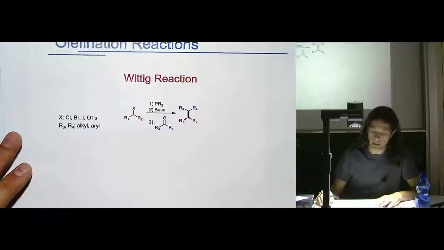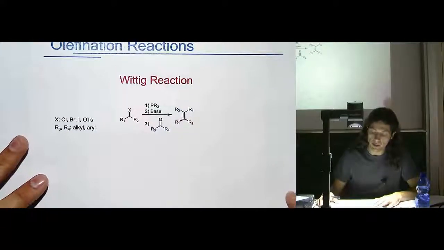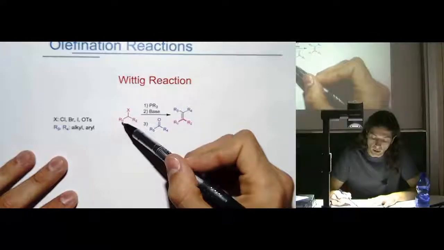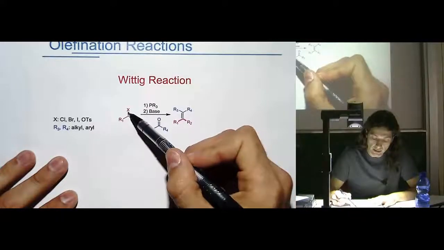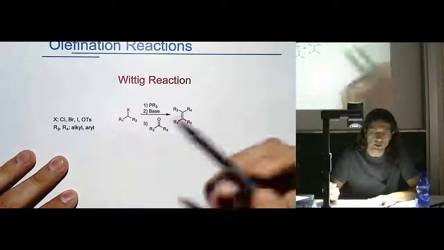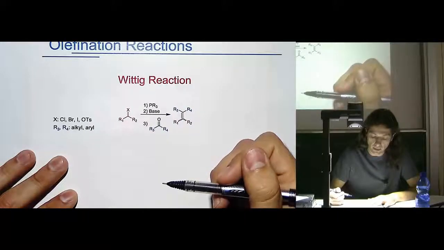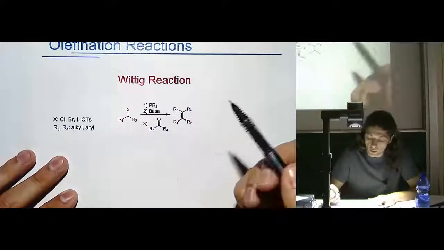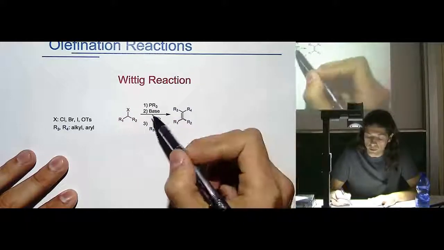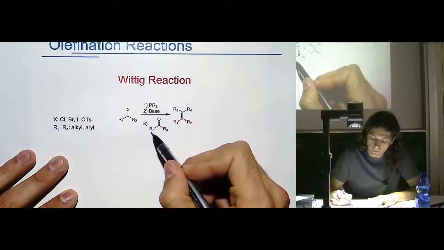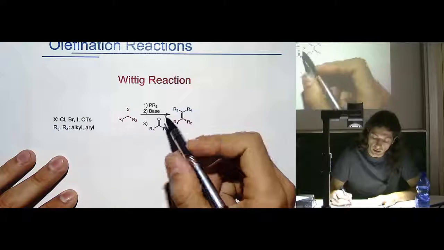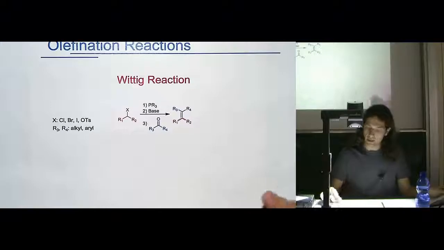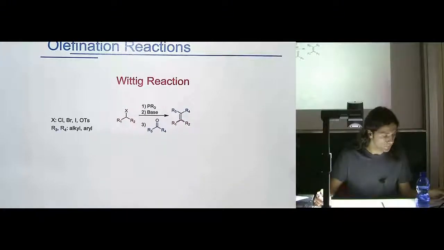I will explain the mechanism in detail in the following slide, but in general terms, it consists of the reaction of a derivative where X can be a halogen or tosylate, so a good leaving group, with a carbonyl moiety in the presence of base, of course, and previous formation of the phosphonium salt, where the substituent of the carbonyl group can be alkyl or aryl. So let's go deep into the details of the mechanism.